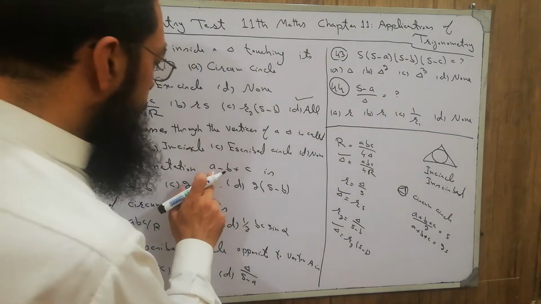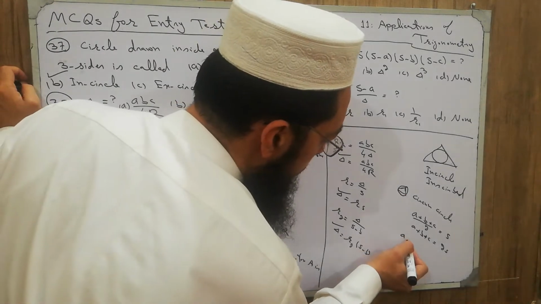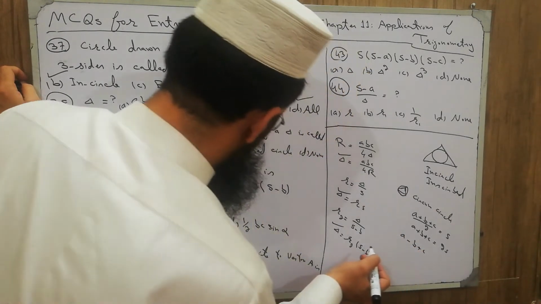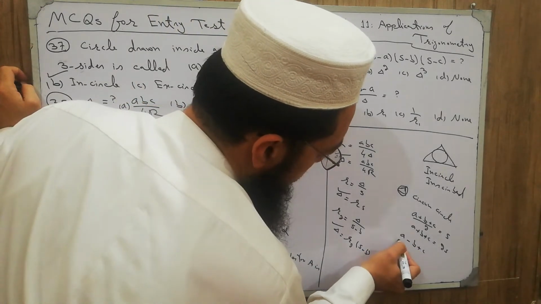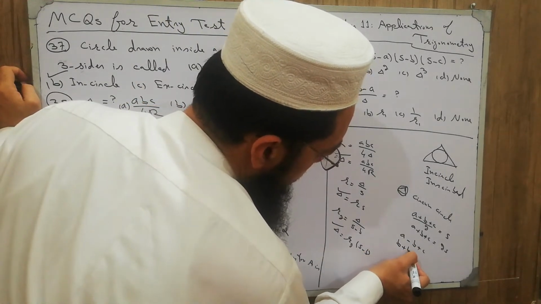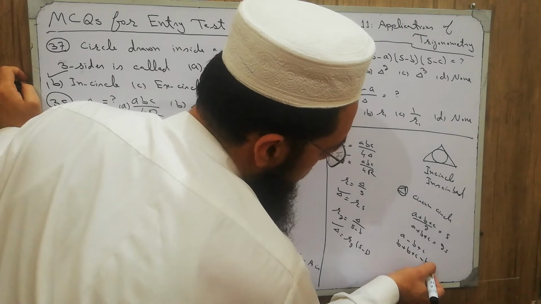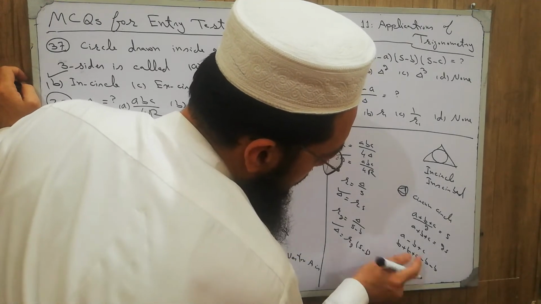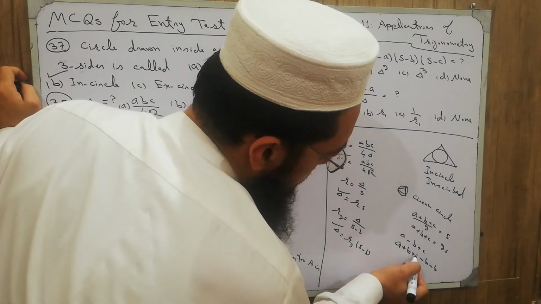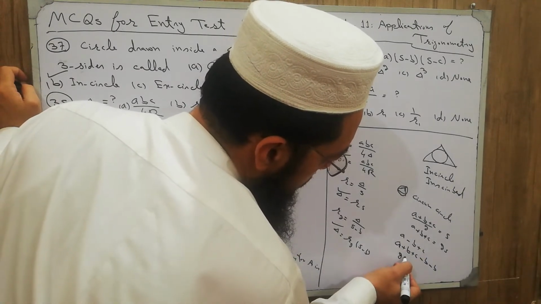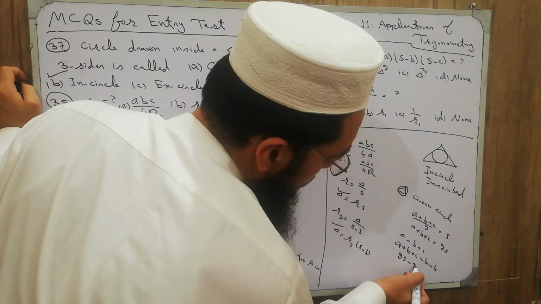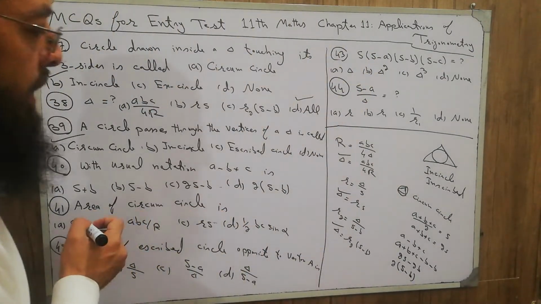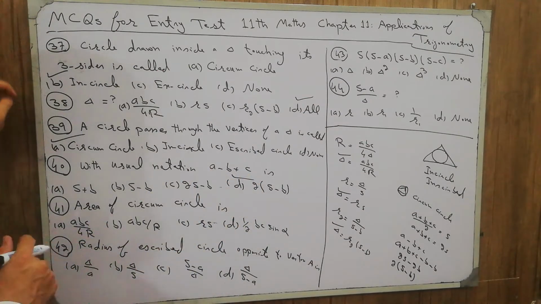Here we are given A minus B plus C. So add and subtract B: A plus B plus C minus B minus B, which is 2S minus 2B. Taking 2 common, it is 2 into S minus B. So option D is the correct option.